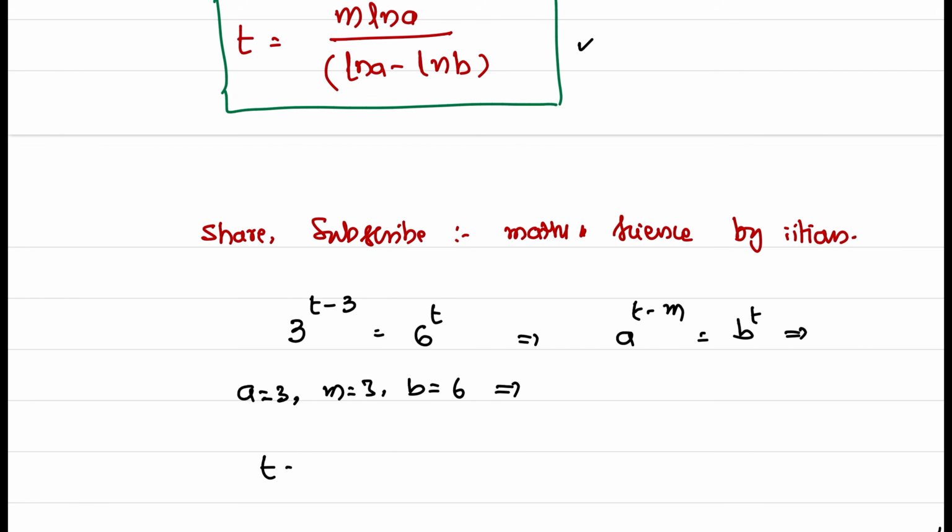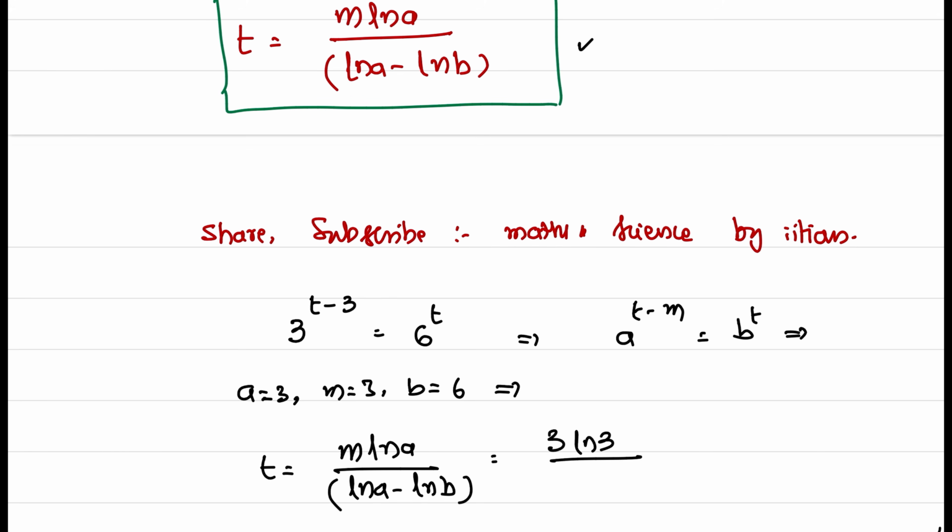T is equal to m ln a by ln a minus ln b. What is the m value? M is 3. What is the a value? A is 3.